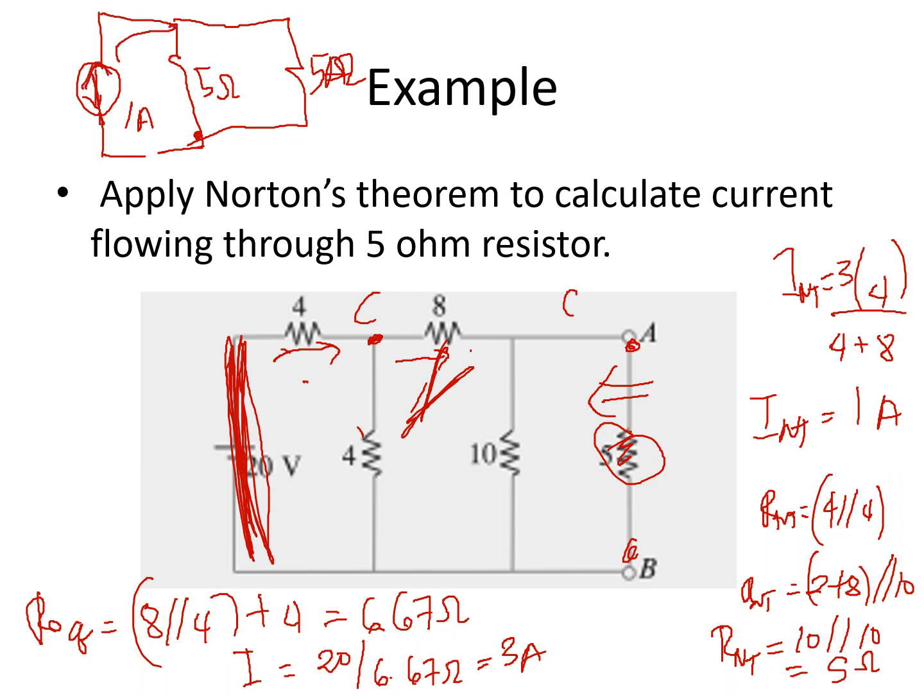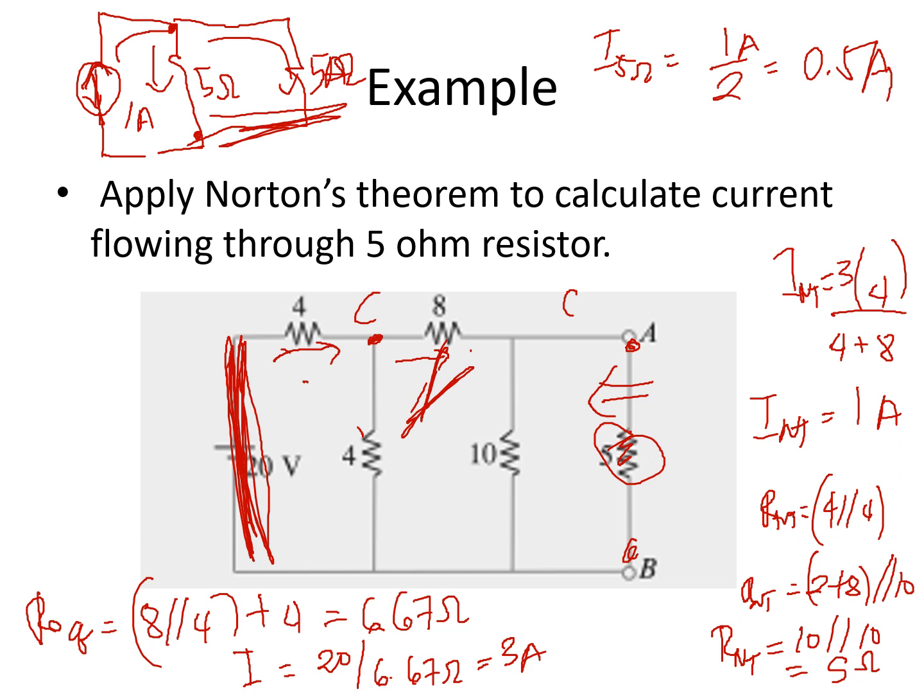At this point, it will divide between this one and this one. Since they are both 5, the current across the 5 ohm resistor is simply half, because they will divide equally. So this is equivalent to 0.5 amperes.